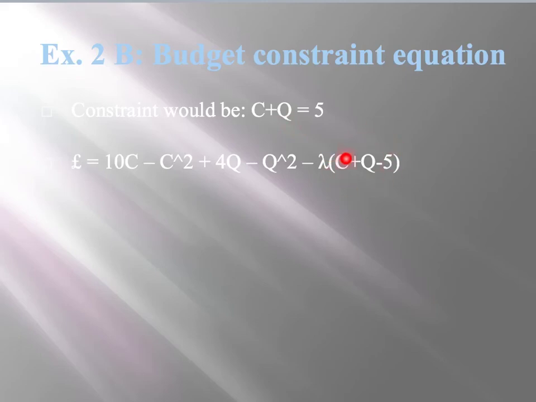You have to zero out this budget constraint in order to then plug it into our equation. So step 1, set up your equation with the budget constraint. Your Lagrangian is equal to the utility function minus lambda multiplied by, in parentheses, the budget constraint zeroed out.